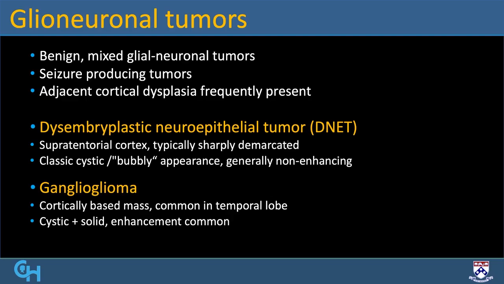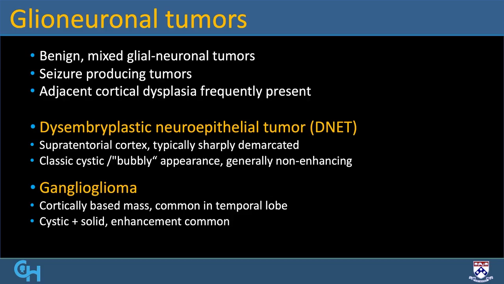After this, we are going to look into the supratentorial neoplasms. So pilocytic astrocytoma is a common supratentorial neoplasm, and we have this other entity called the glioneuronal group of tumors. These are benign tumors which have both mixed glial and neural elements within them.